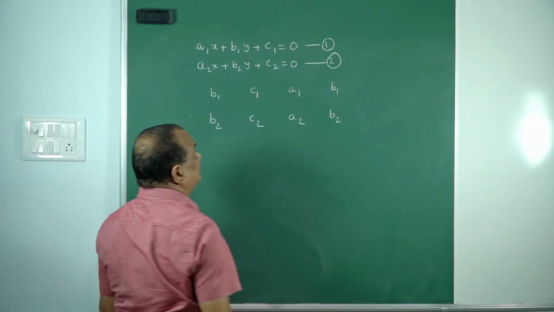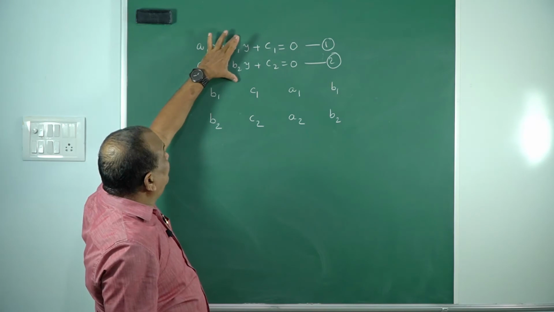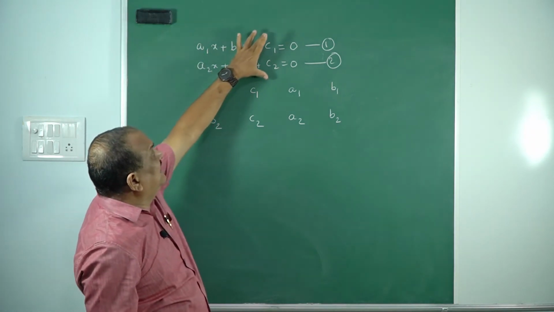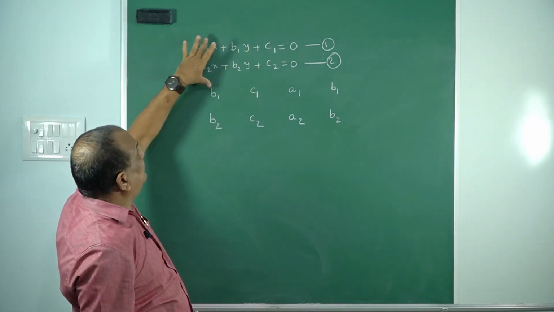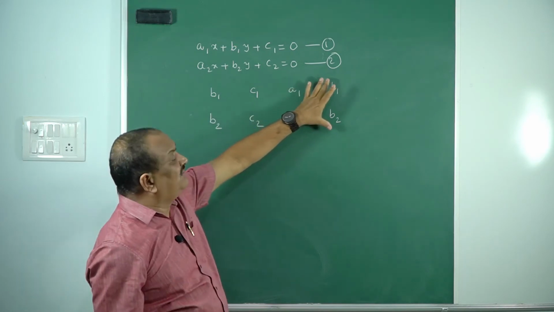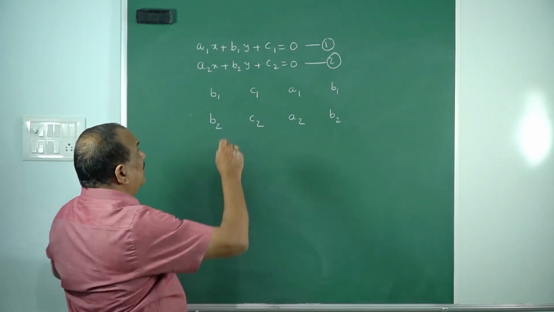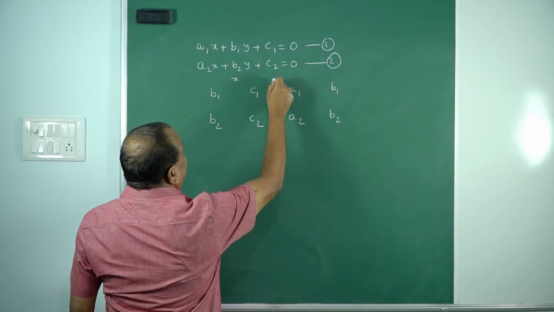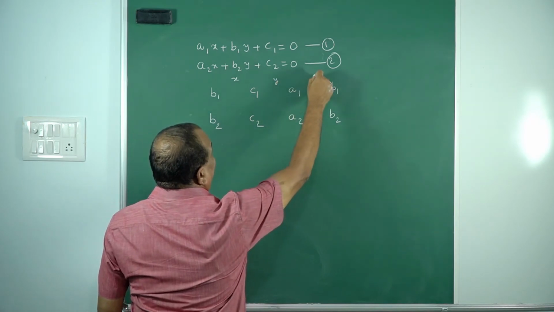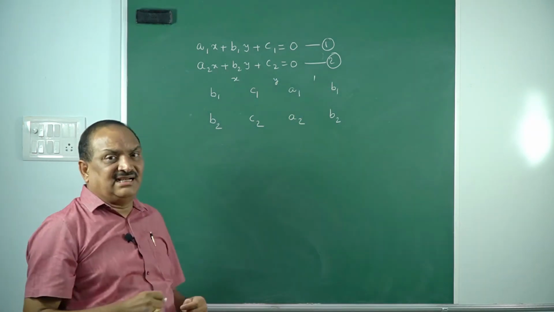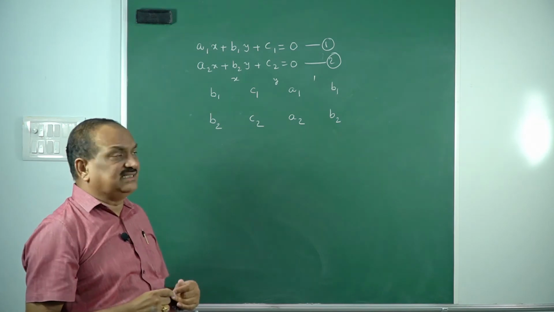So write the coefficients of y, then constants, then coefficients of x, and again coefficients of y. You write on the top x, and here y, and here 1. That's it. If you can understand, rest of the things will become very easy.